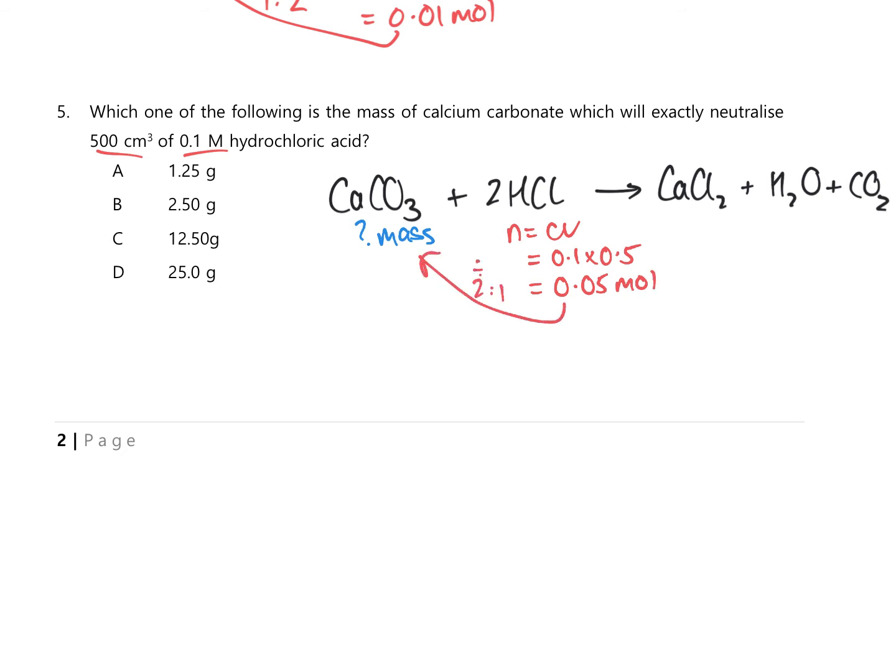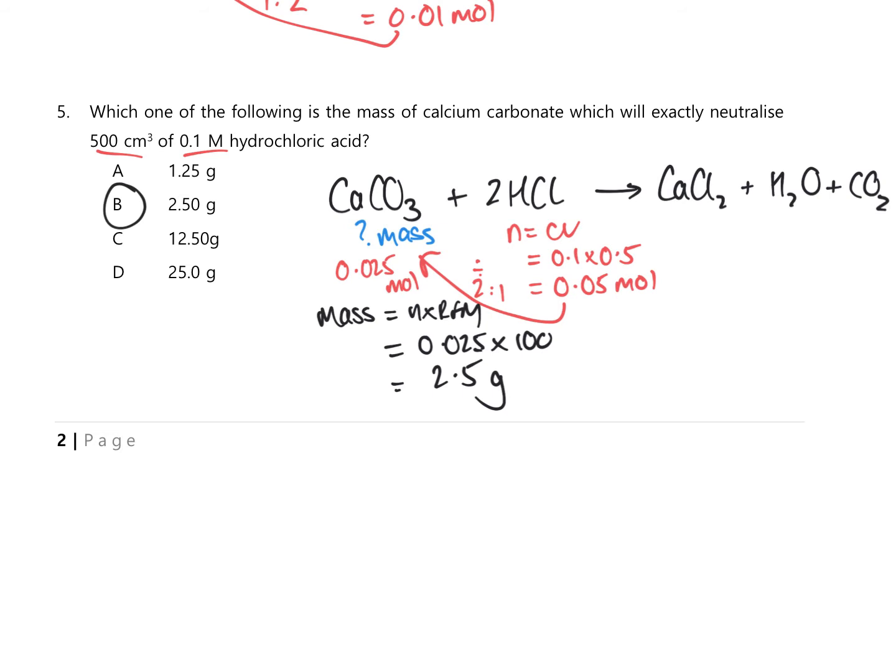So we divide by 2 and that gets us 0.025 moles of our calcium carbonate. And then we do mass equals n times RFM. That's 0.025 times your RFM of calcium carbonate, which is 100. And so that's going to give you 2.5 grams, which is answer B.